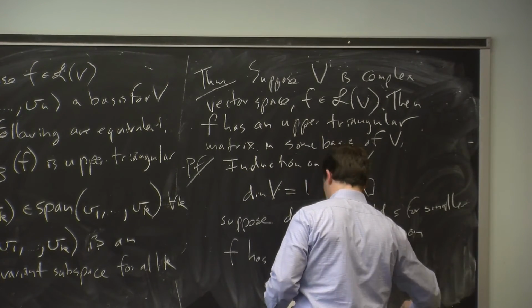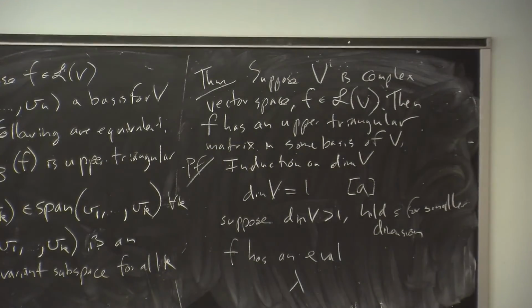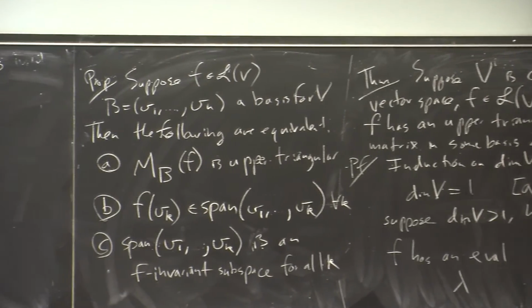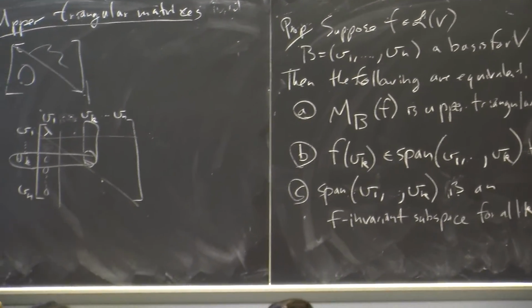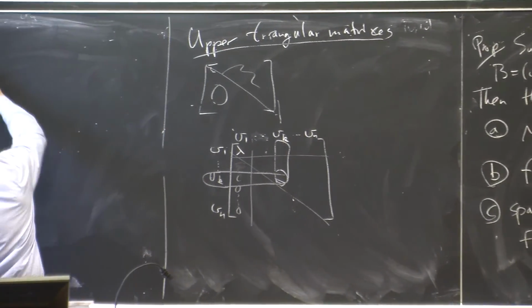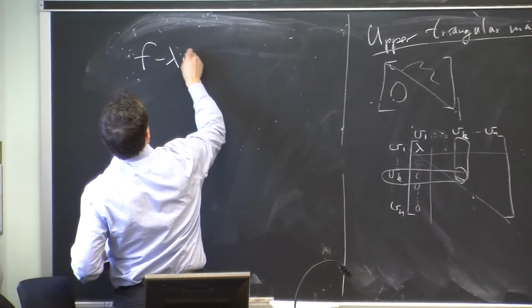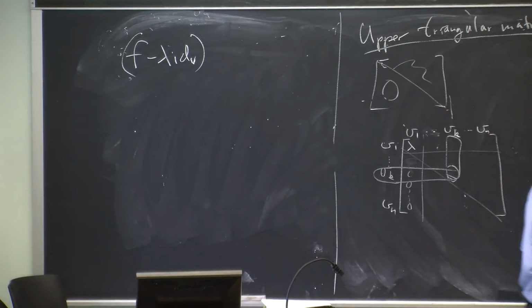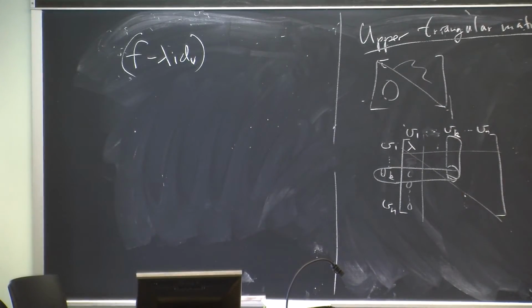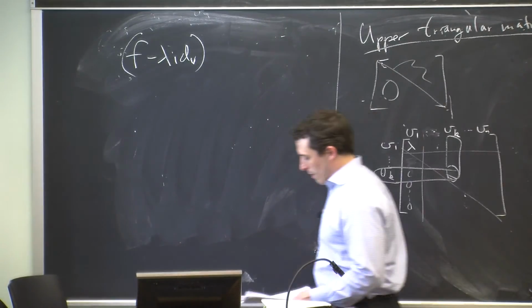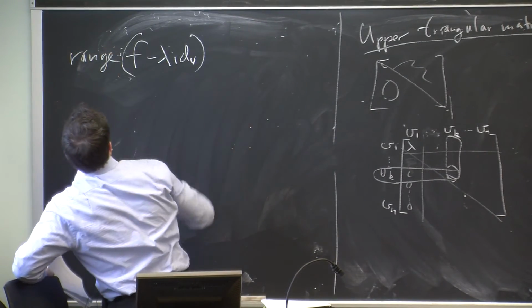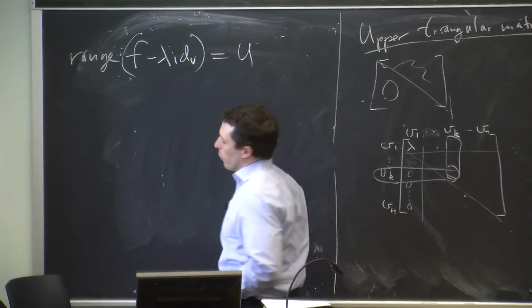Call it lambda. Let's take our operator, which has a null space because F has an eigenvalue, and instead of considering its null space, let's go in the other direction and consider its range. Let's just call that U.